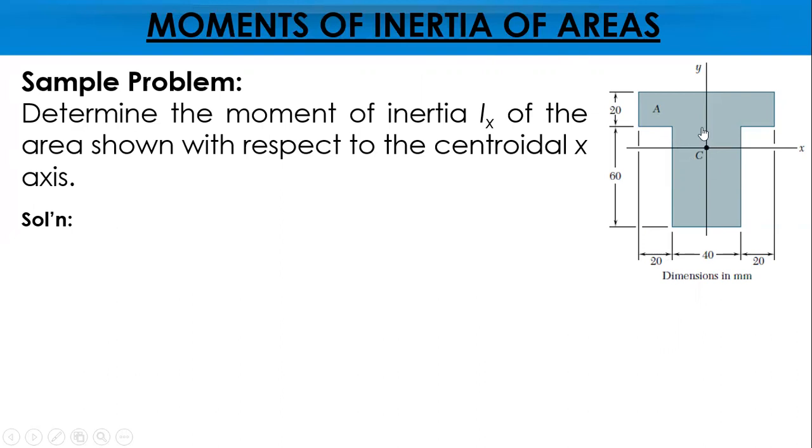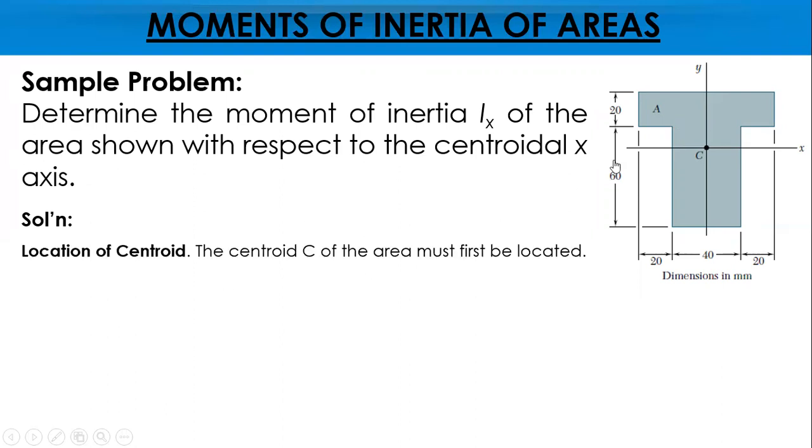Now, for a built-up or composite figure, first we determine or locate the centroid, y bar, and we will use Varignon's theorem. So we will subdivide this into two elements, and let's locate the centroid.